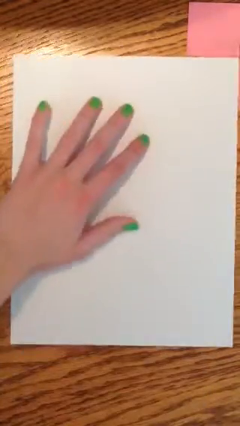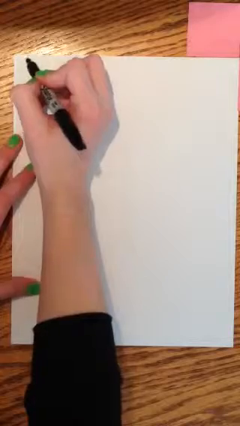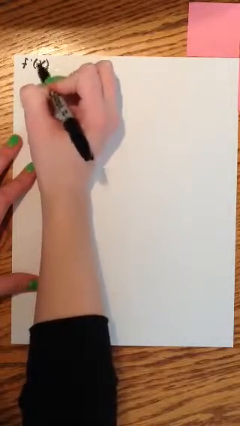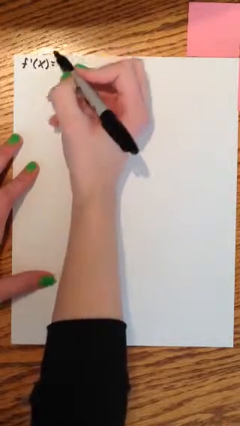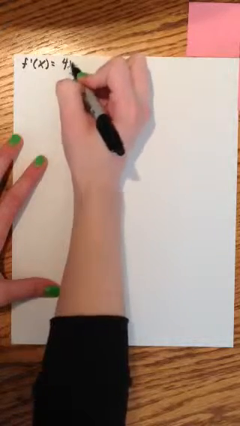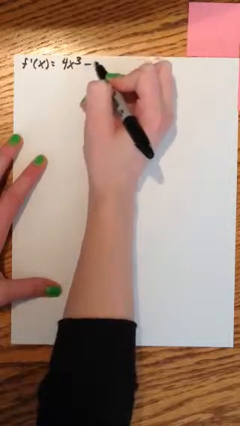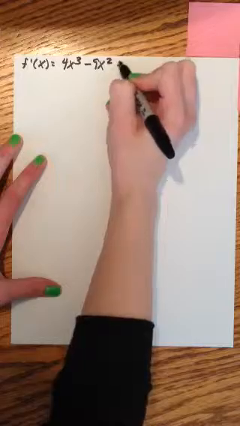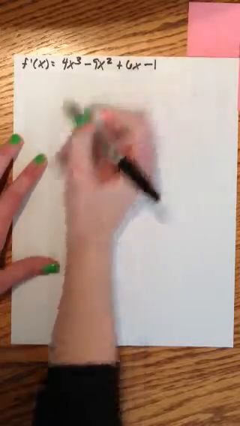Next, what we're going to do is find the critical numbers. To do that, we solve for f prime. So f prime here is going to equal 4x cubed minus 9x squared plus 6x minus 1.